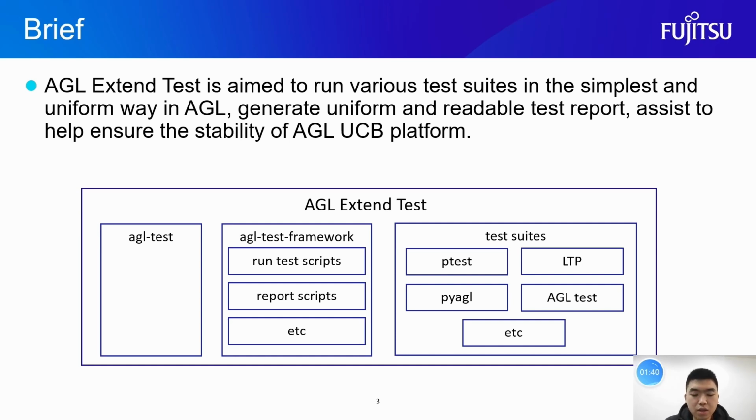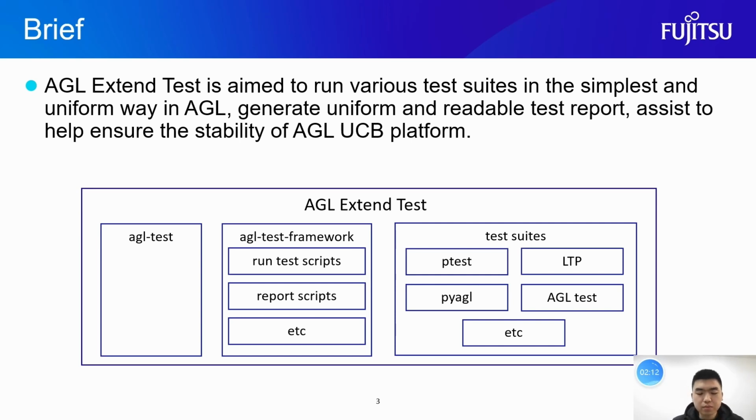Then, there comes the AGL test-framework, which is based on the pytest implementation and controls the operation of the test program, which includes what test to run, in what kind of runtime order. After running all the test suites, the test result will be analyzed and a unified report will be generated.